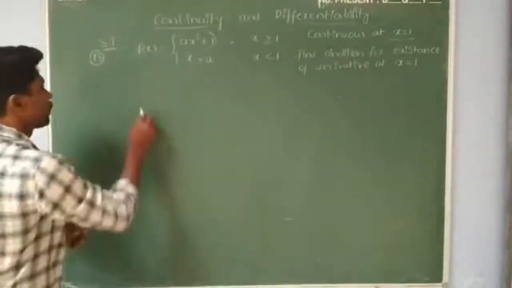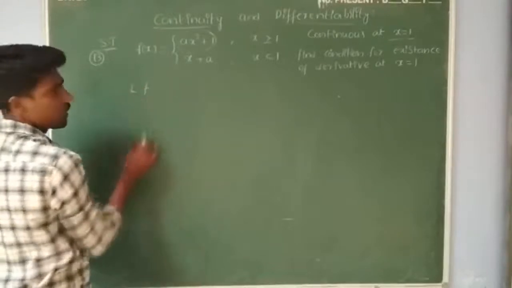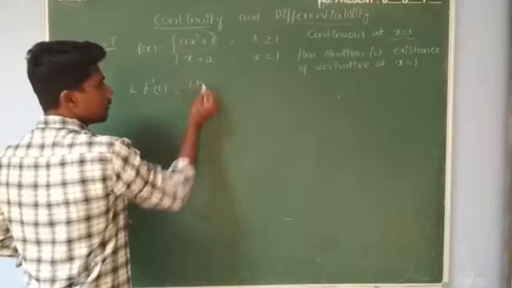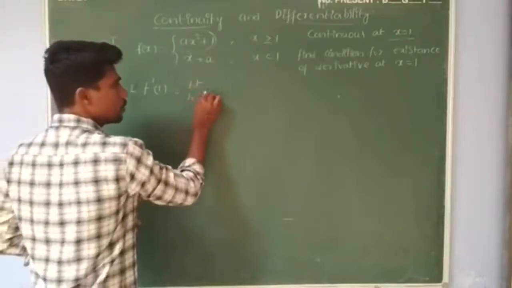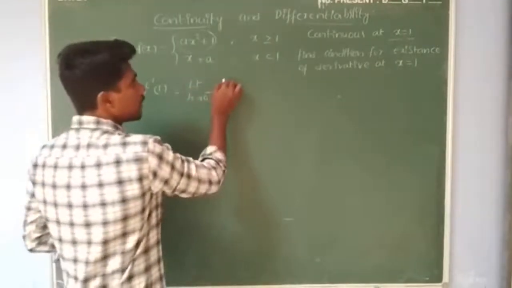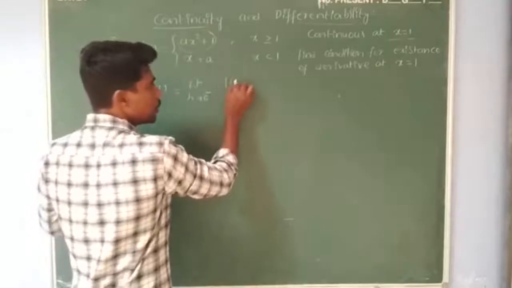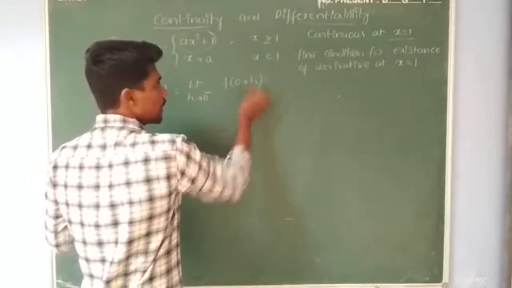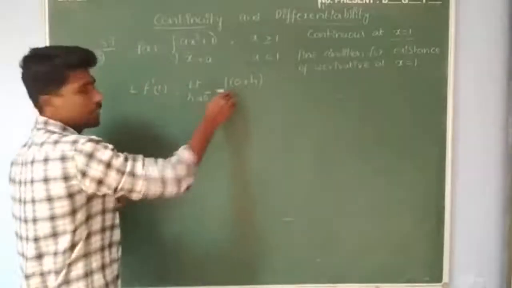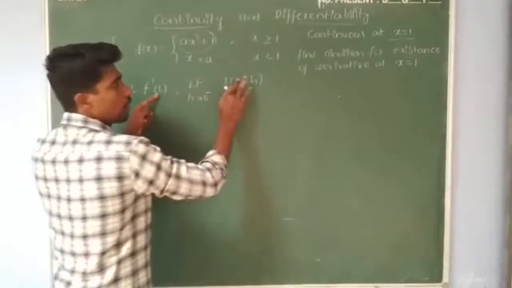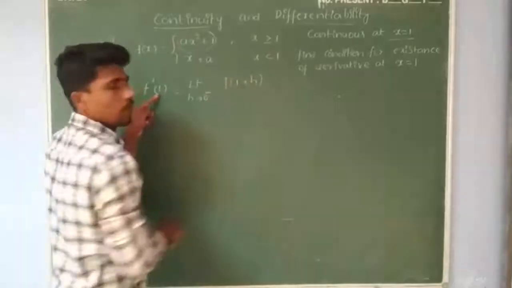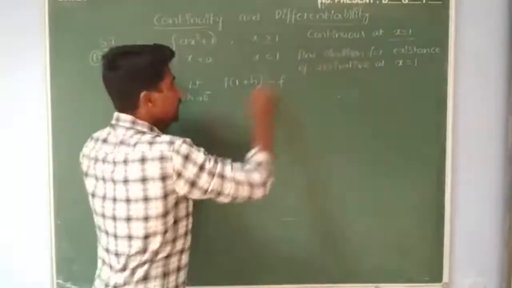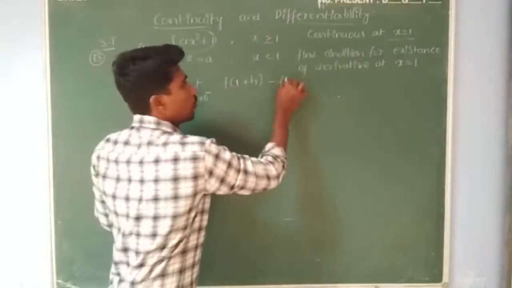Left derivative, f dash of 1 is equal to limit h tending to 0 minus f of 0 plus h. But I am finding the limit at x equal to 1. So I have to use here f of 1 plus h minus f of 1 by h. In place of x, what I have to substitute? 1.